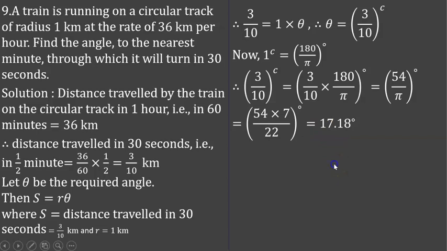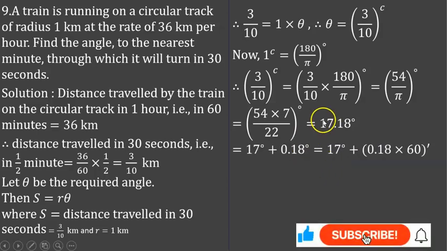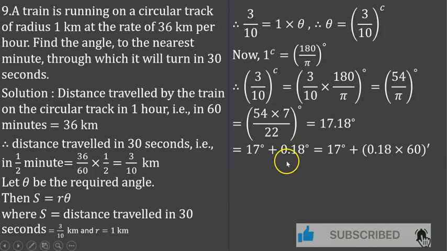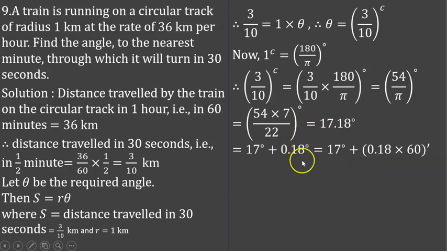17.18 degrees. That is 17 degrees plus 0.18 degree. Now convert this 0.18 degree to minutes by multiplying by 60. Therefore 17 degrees plus 0.18 into 60 minutes.